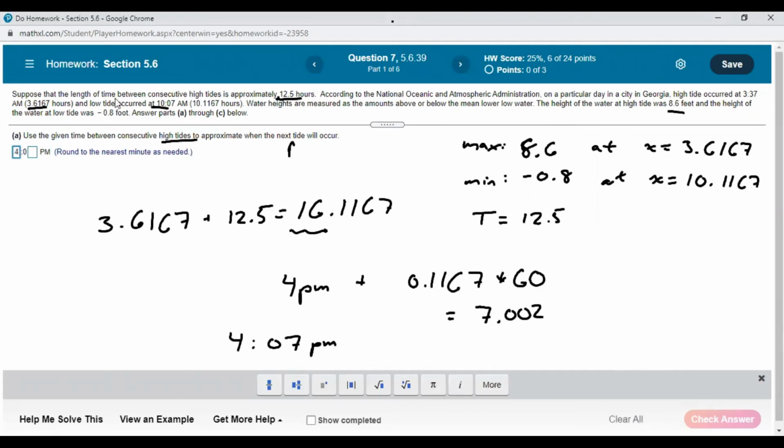I don't know why they gave us the 0, but they did.